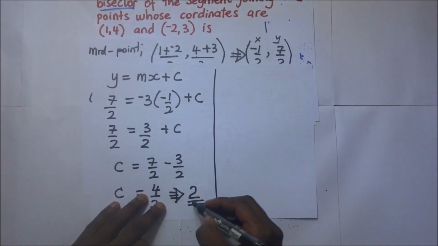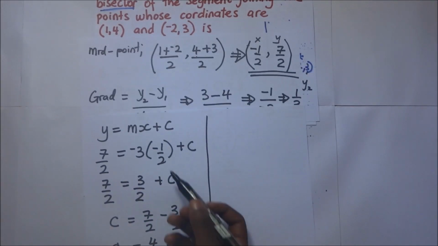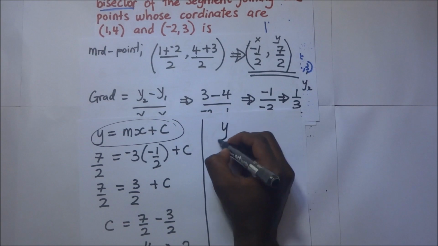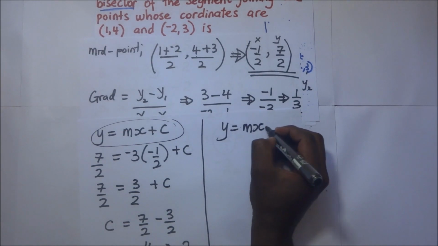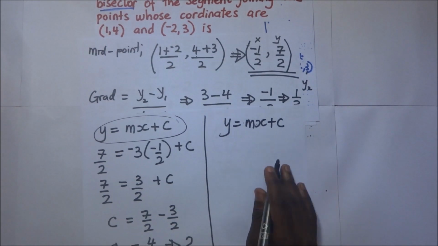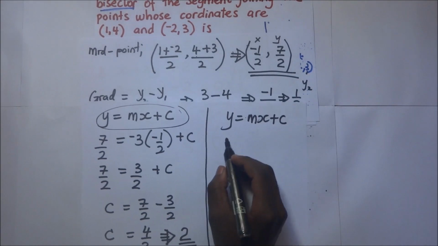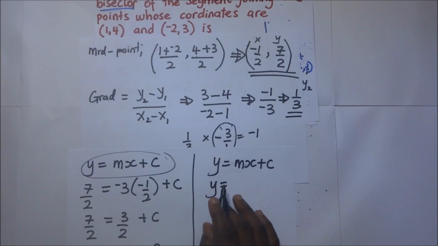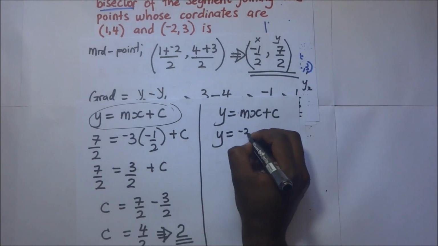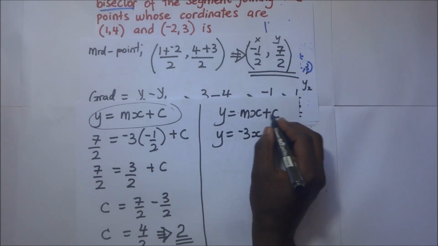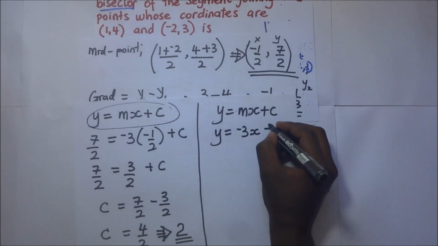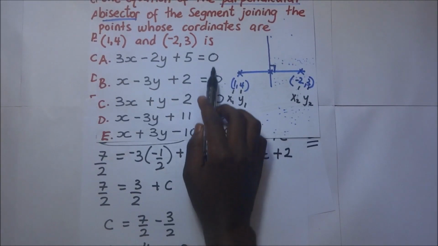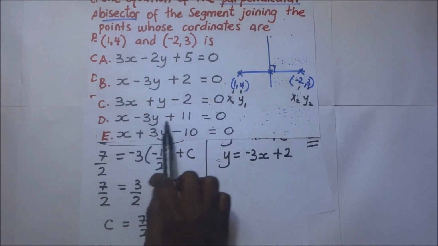Now that we know our value of c is 2, we can substitute in this equation to get our answer. So from y is equal to mx plus c, our value of y is going to be equal to the gradient m, which we got as negative 3. So it's negative 3x plus c. Our value of c is 2, so it's plus 2. We rearrange this equation so that it's equal to 0, so that we see which of these equations is here.